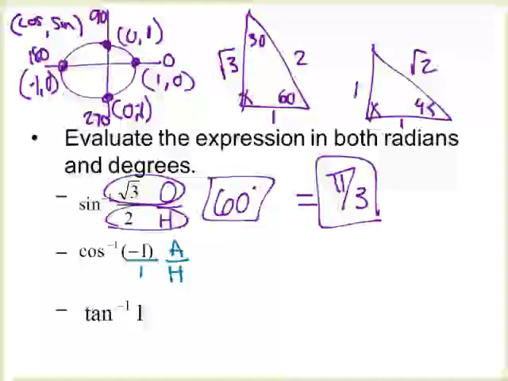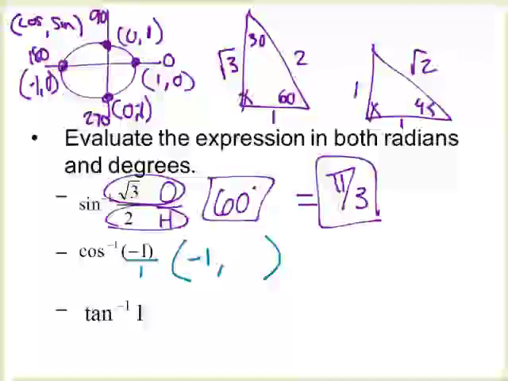So if our answer is not working in the triangles, where do you think our answer is? In the circle. In the circle, all the points are cosine comma sine. So if I have a cosine of -1, that means I have the first part of the point.